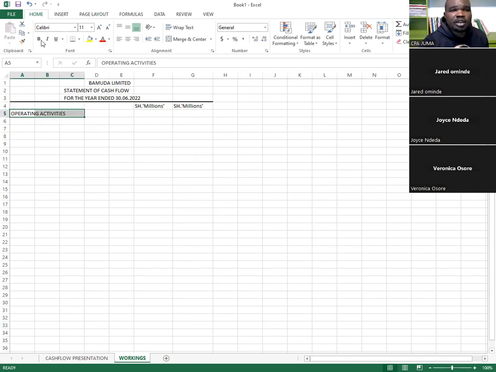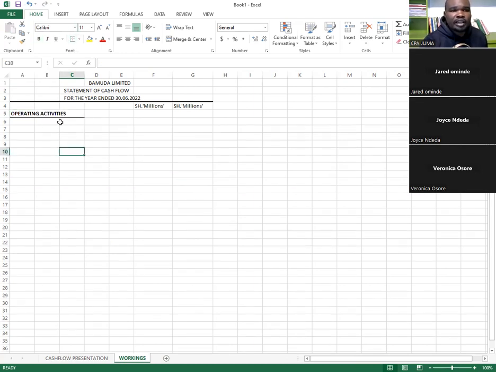My decoration will be bold. Then you can also have it underlined because it's more of a heading. Then you start now with profit before tax. Profit before tax, that one has no working.